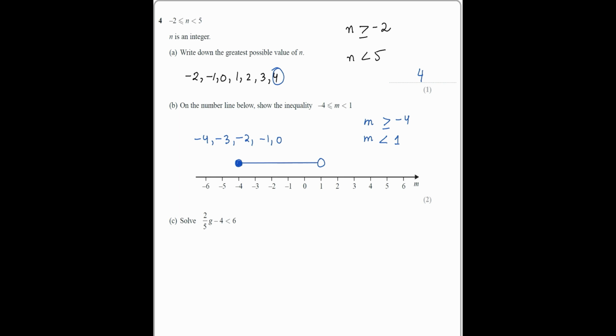It shows that m is greater than or equal to negative 4 and m is less than 1. So you just have to do the number line representation here. The correct number line representation would show a filled circle at negative 4, a hollow circle at 1, and a solid line connecting all values in between. So you don't have to write these values there.